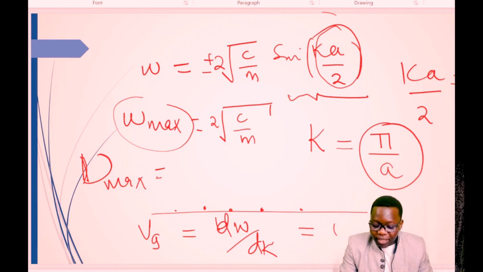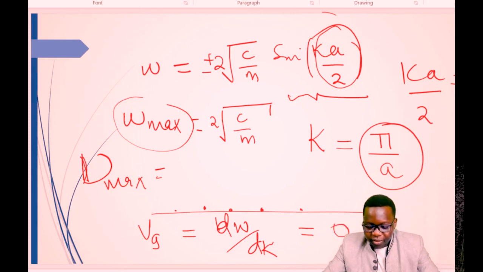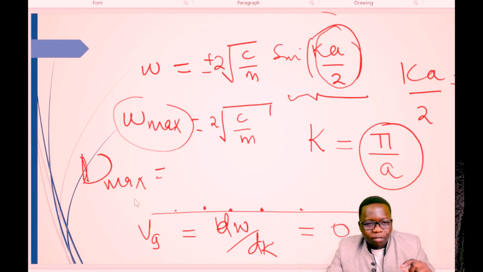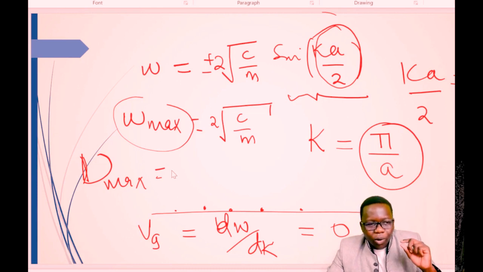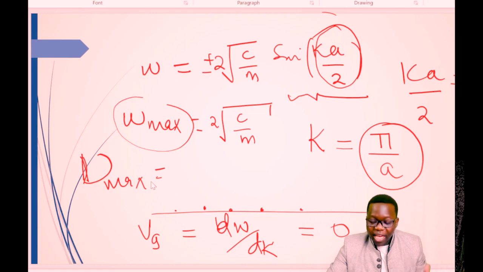If you see this, it's actually giving you 0. What comes to your mind? That if the atoms are vibrating at a maximum frequency, when their constant of propagation is pi over a, then it means that the group velocity is 0.